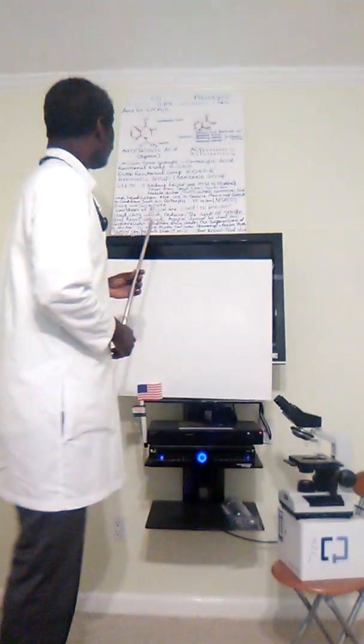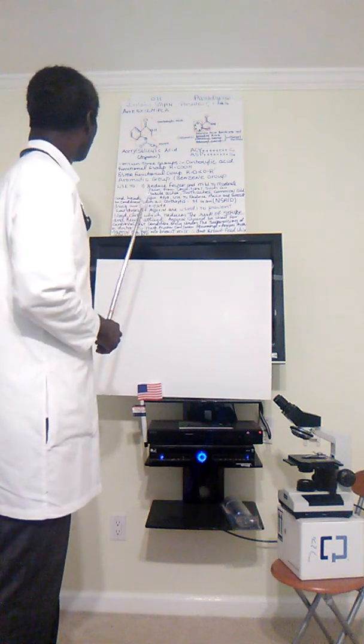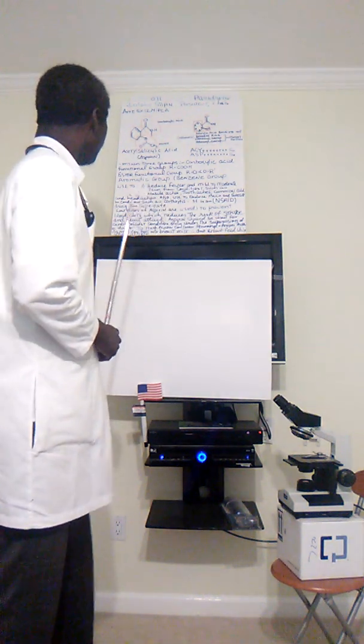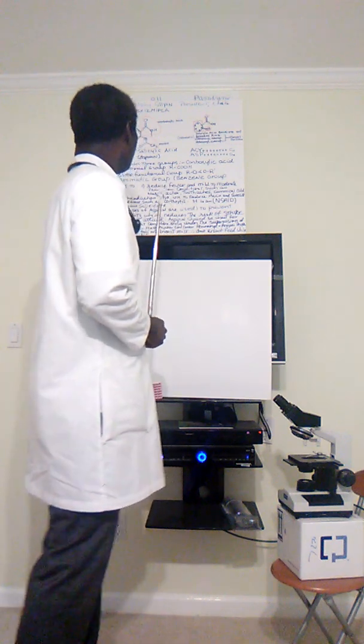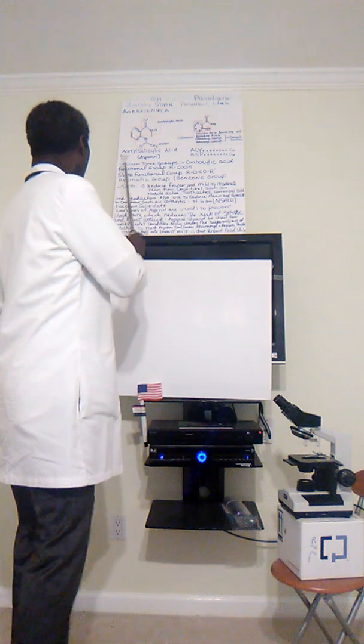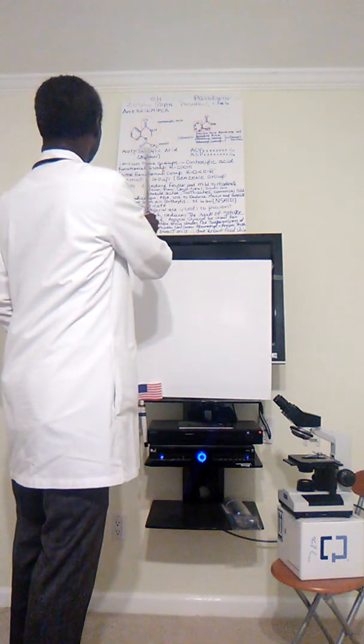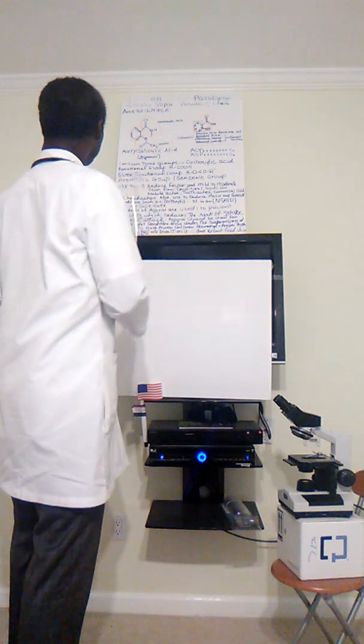Now here we have a drug which is a very popular one. Some places call it the wonder drug. Aspirin, which is a brand name, and the pharmacochemical name or generic name, acetylsalicylic acid.